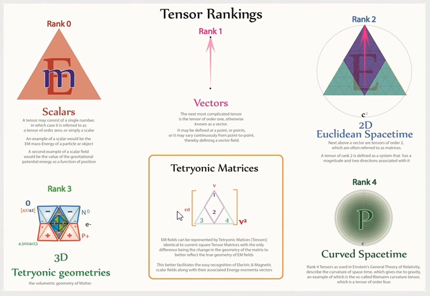Rank 3 or three-dimensional geometries obviously can be drawn physically with Tetryonic geometry. We can show the geometries and the physical properties and interactions of electrons and baryons to create nuclei. These are just represented as rank 3 matrices.